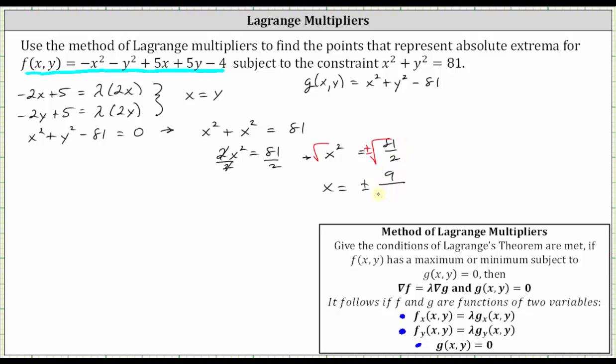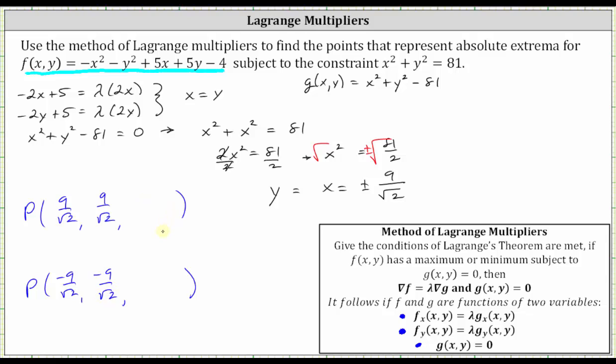And remember, x is equal to y, so we also know y is equal to plus or minus 9 square root 2. So we have 2 points to consider. One point where both x and y are positive 9 divided by square root 2, and a second point where both x and y are negative.